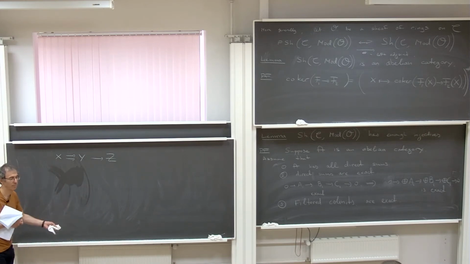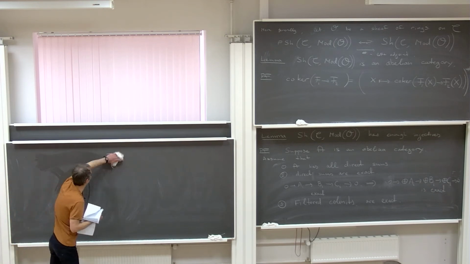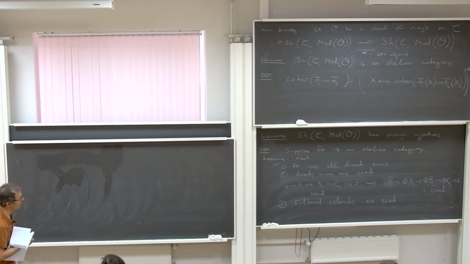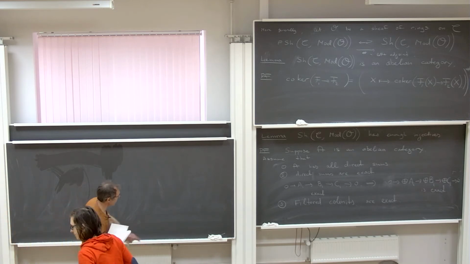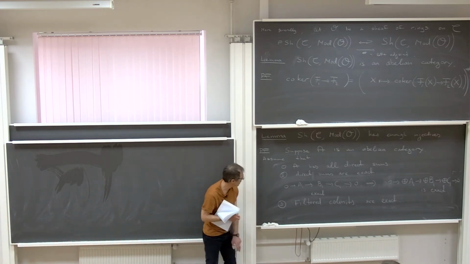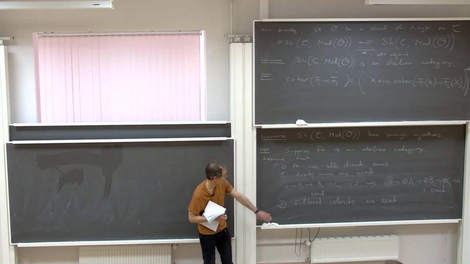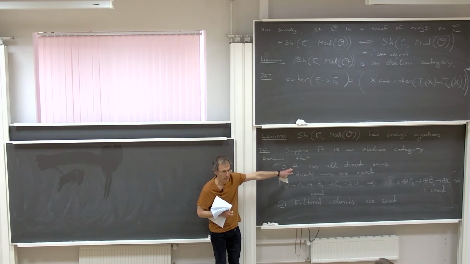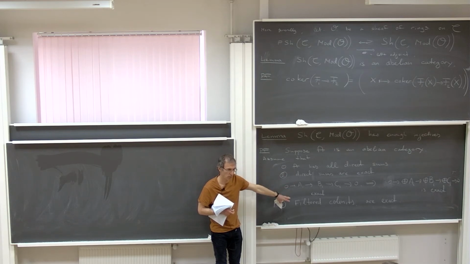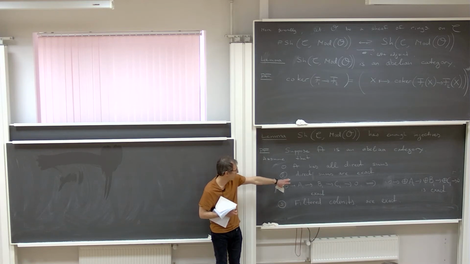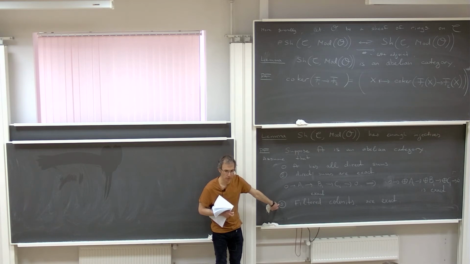Okay. So before I state the last property, let's discuss what this means. Let's take our favorite category, the category of abelian groups. Then all these properties hold. Let's give an example where the last property does not hold.